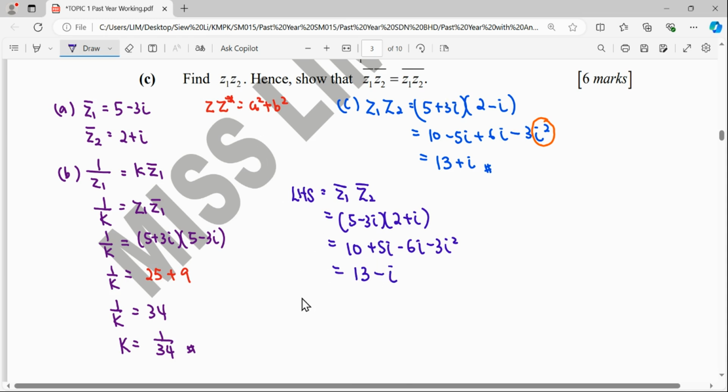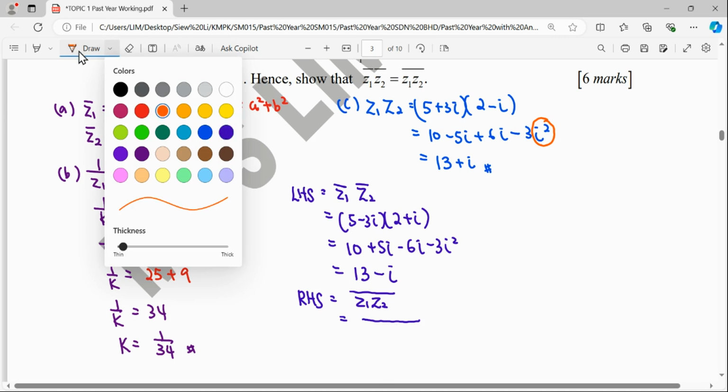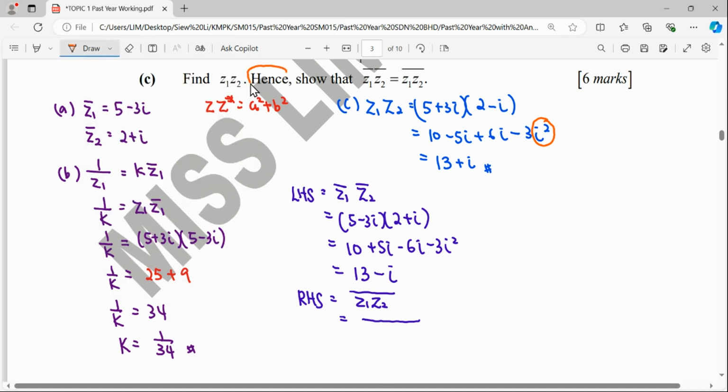Then we separate out our right hand side. We calculate the conjugate of z1 times z2. We already obtained z1 times z2 before, so we use that result. Therefore, we can see our question here says hence. Hence means use the result before this to answer this part.